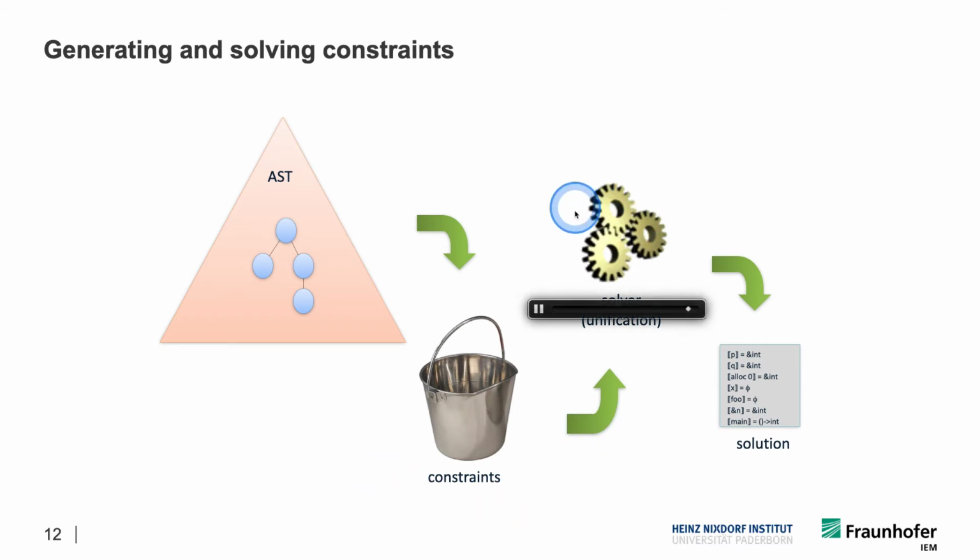And then we can use an off-the-shelf constraint solver that typically uses so-called unification. And then out of this, we get a solution. So either the solver will tell us this all types correctly, so the constraints are satisfied, or it will tell us that the constraint system cannot be satisfied.